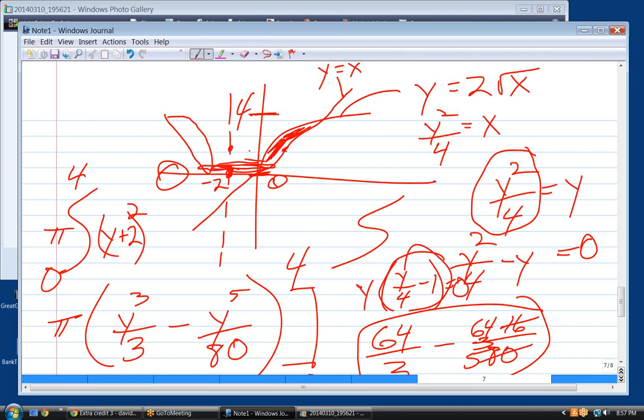If my washer's outside radius is this distance, that is the x value plus 2, and the x value is y plus 2. We have to square it and subtract from it this value, y squared over 4 plus 2, quantity squared.